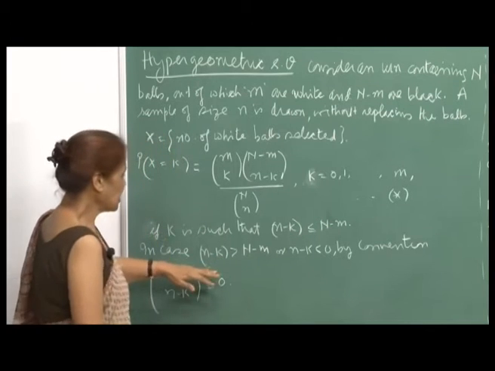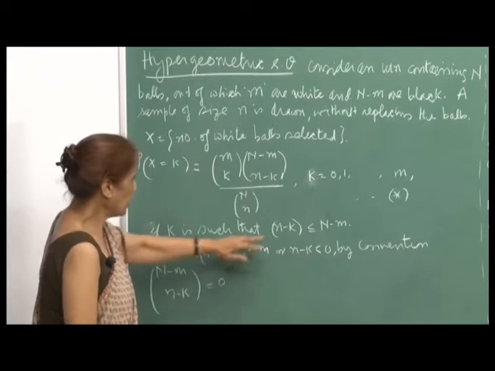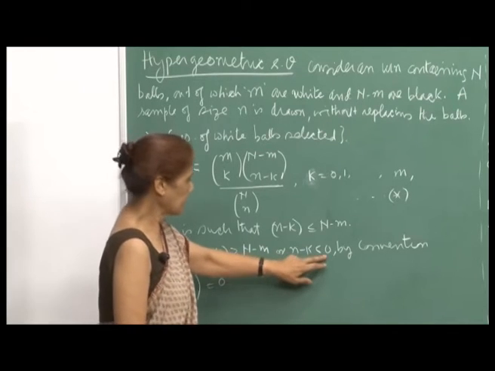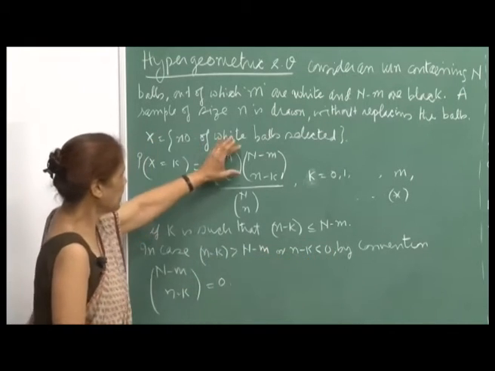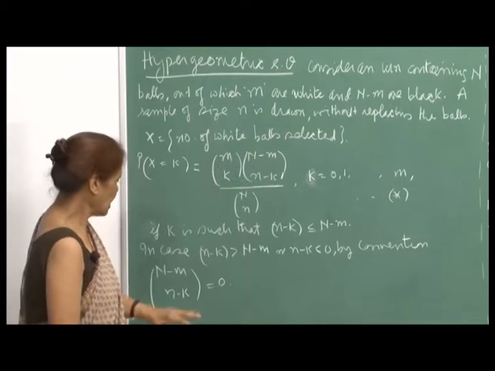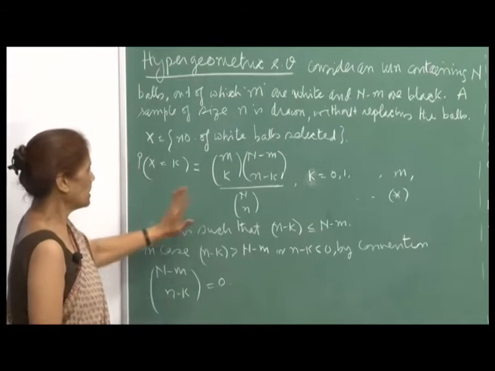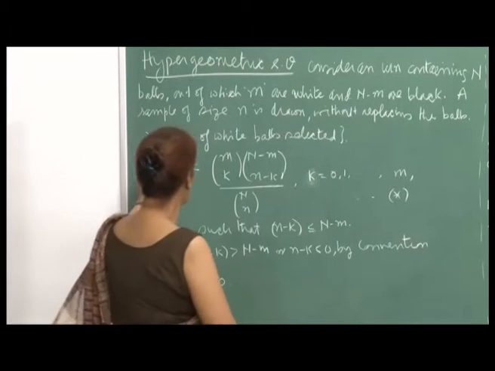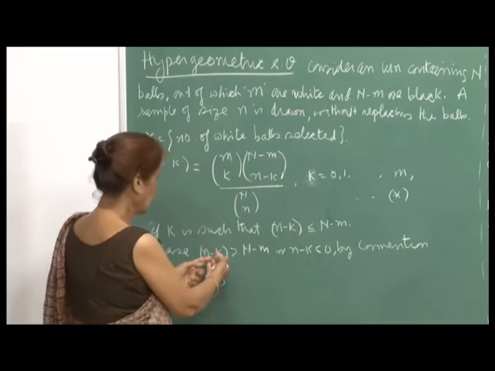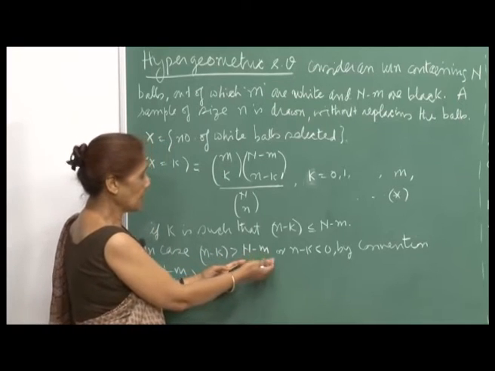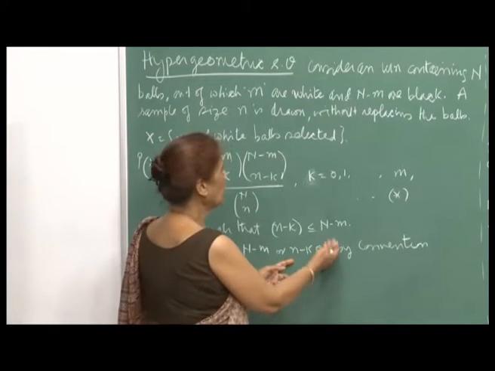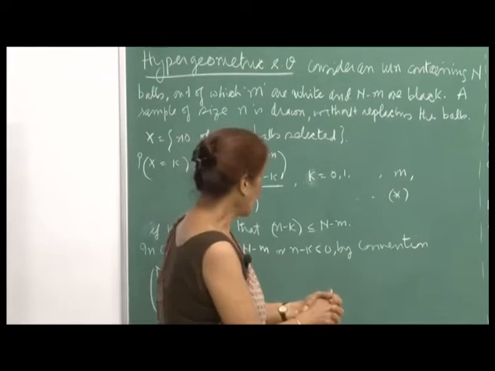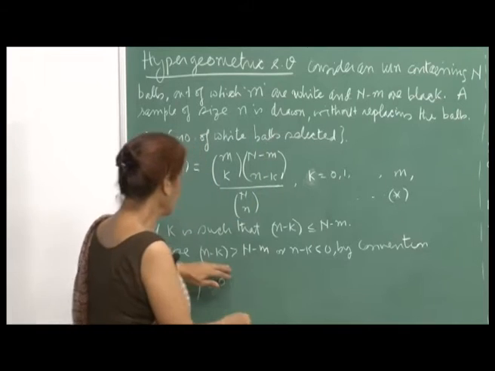But by convention, if n minus k turns out to be greater than N minus m or n minus k is less than 0, we say that N minus m choose n minus k is 0. So, we do not have to worry, because then these probabilities will be 0, and there will be no mass attached to those values of k.